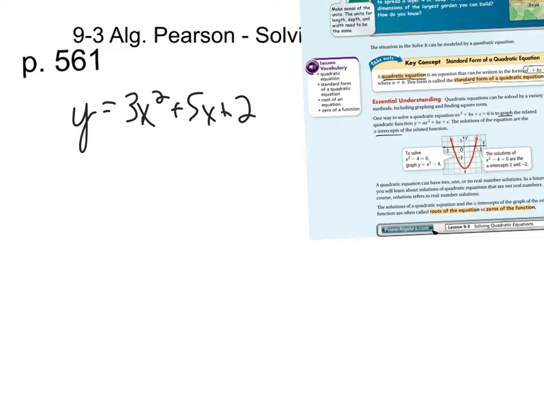In this section, we're going to take an equation like that and say 0 equals 3x squared plus 5x plus 2. We're seeing where y equals 0. Any point on the x-axis, y is equal to 0.